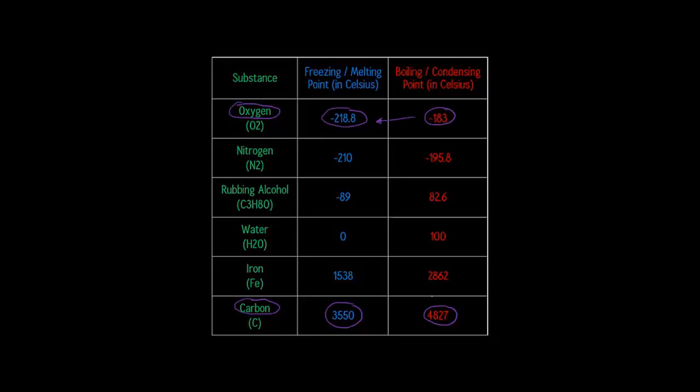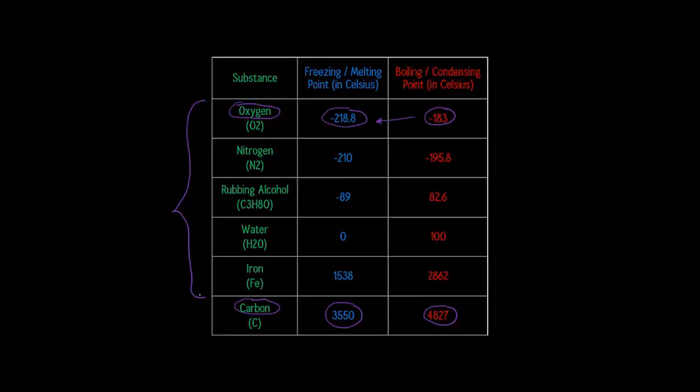But again, all substances can freeze into solid, melt into liquid, and boil into gas. It's all about the amount of heat energy required for each material to go through a phase change from solid to liquid to gas. And those phase changes, your freezing point, melting point, boiling point, and condensing points, are characteristic properties of matter, because you can use these temperatures to identify different substances by freezing, melting, or boiling them.